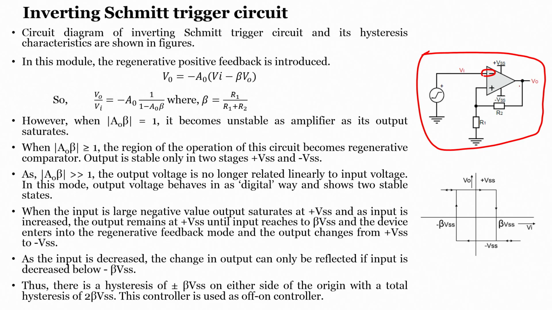The major difference between a Schmitt trigger and a normal negative feedback operational amplifier is that when using an op amp as an amplifier, the feedback is connected to the negative terminal.